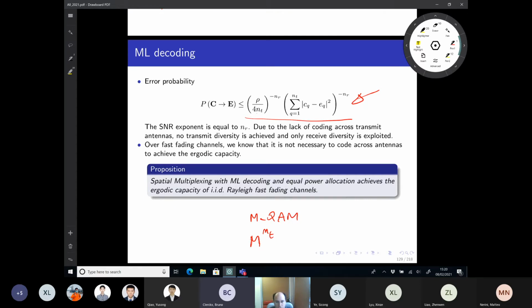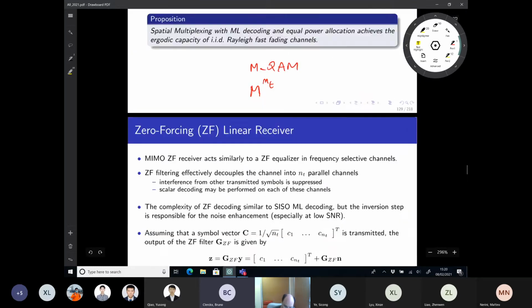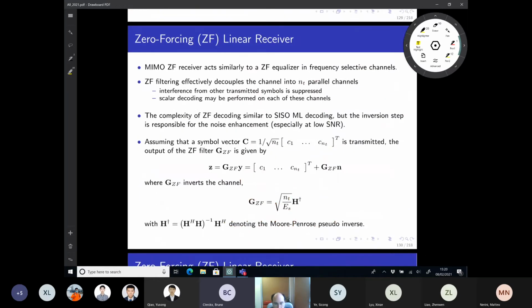And that can grow very, very quickly. So this is the reason why other receivers are used. That's the maximum likelihood, but we can do something else. A very popular one: zero forcing. Right, so what can we do here?